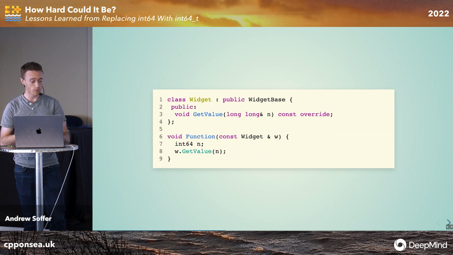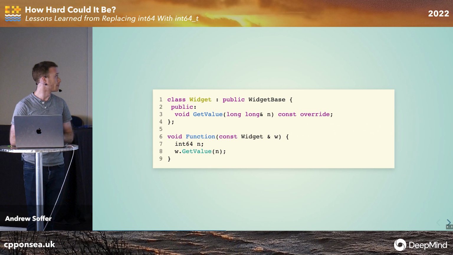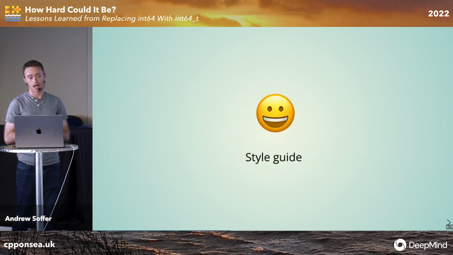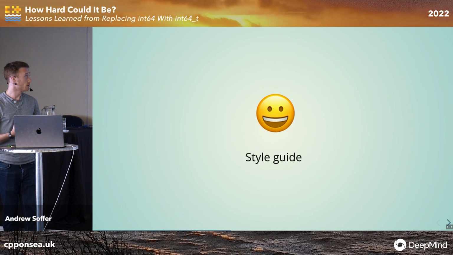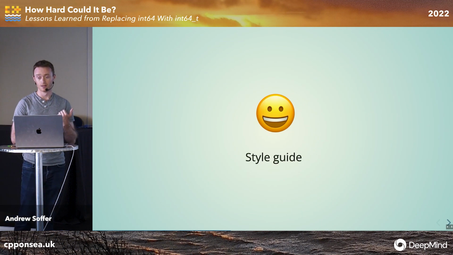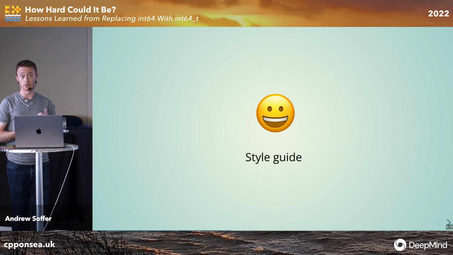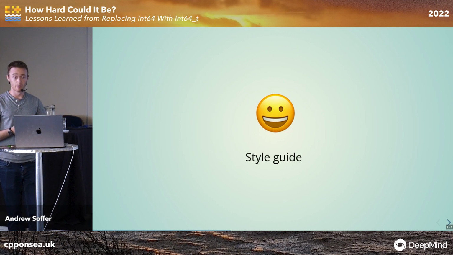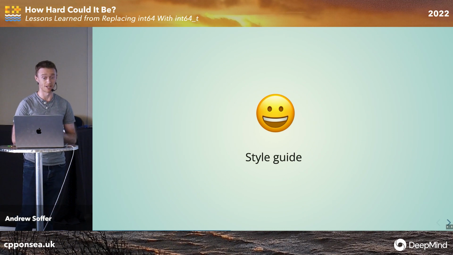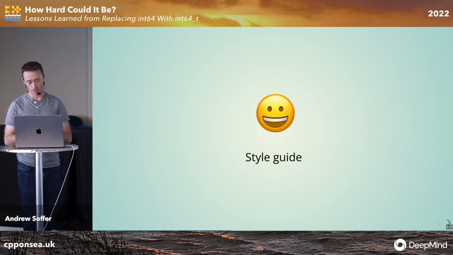So, okay, what do we learn from thinking about this particular type of problem? I think in terms of what went well, the star here is the style guide. Right? All of the situations I showed you did happen in real code, but they were pretty rare. And that's because we have a strong adherence to our style guide. Right? And that guidance is well thought out. Using int64 over long is actually just a really good practice.